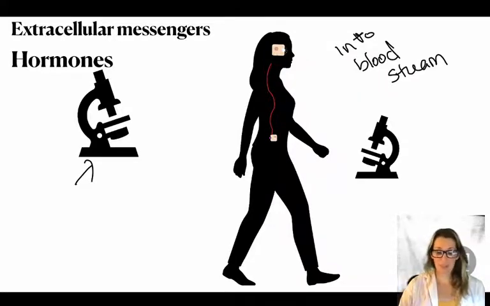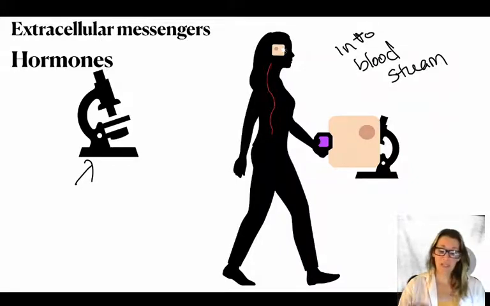And then they have some sort of action on a specific receptor, a receptor that's specific to that chemical messenger that got released into the blood somewhere far away. And once again, I've used a little microscope to indicate that we're zooming in on this cell. So hormones release an extracellular messenger. They release it into the bloodstream. It has to travel far away and interact with its specific receptor. We're going to come back to that.